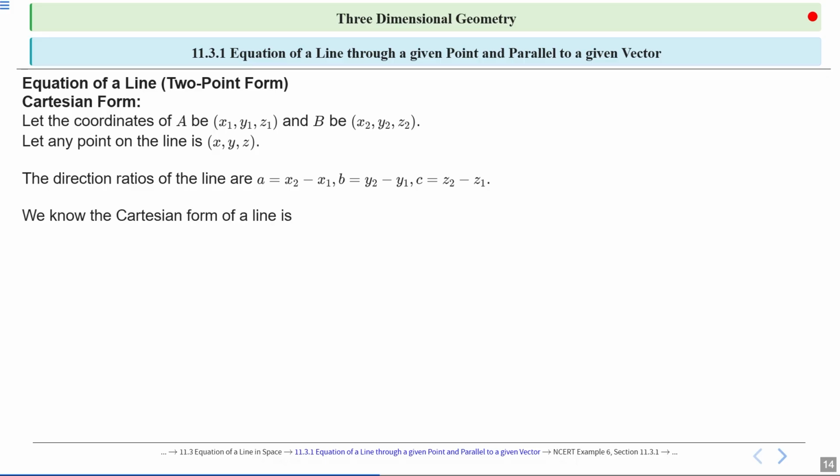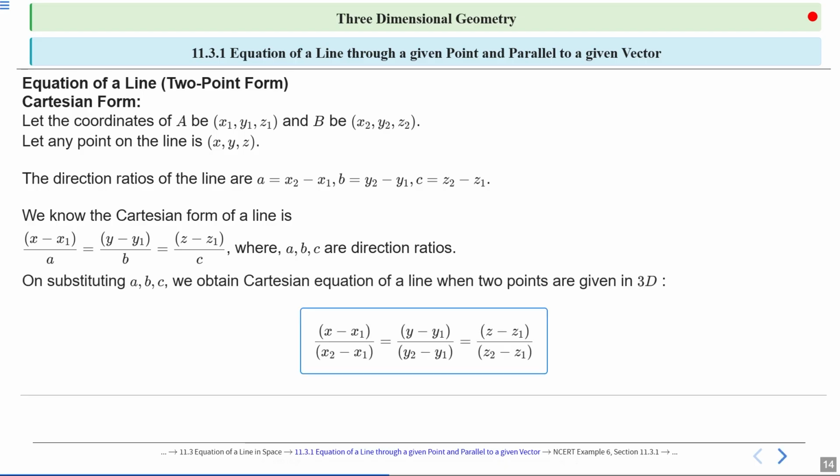Now let's recall the general Cartesian form of a line in 3D. We know the Cartesian form of a line is (x minus x1) divided by a equals (y minus y1) divided by b equals (z minus z1) divided by c, where a, b and c are direction ratios.